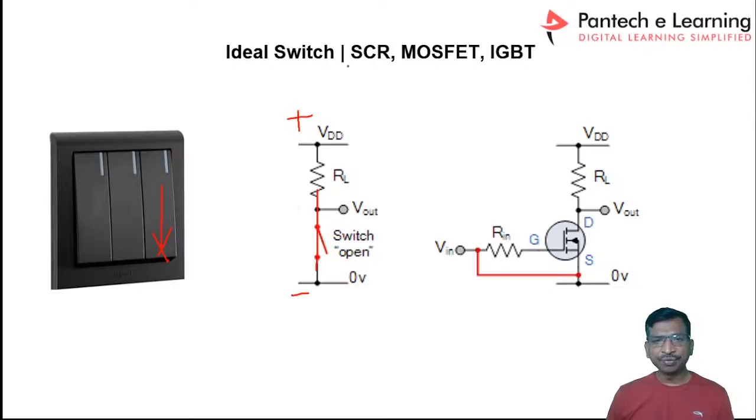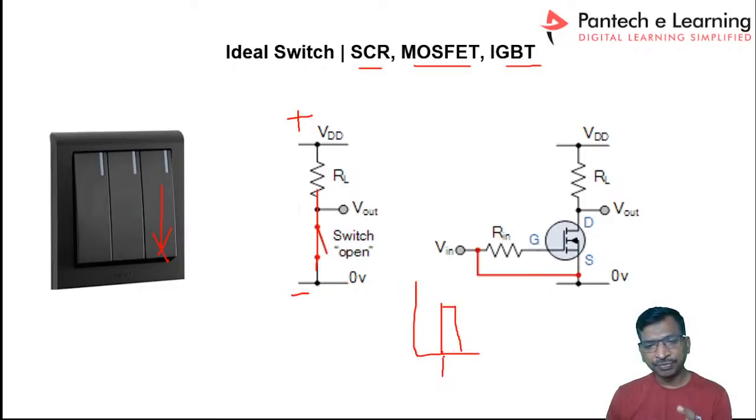Similarly, SCR, MOSFET, IGBT are the basic power electronic or solid state devices widely used for power electronic applications. Whenever you apply the PWM at the starting instant, the MOSFET will get connected. Otherwise, it will not get connected.